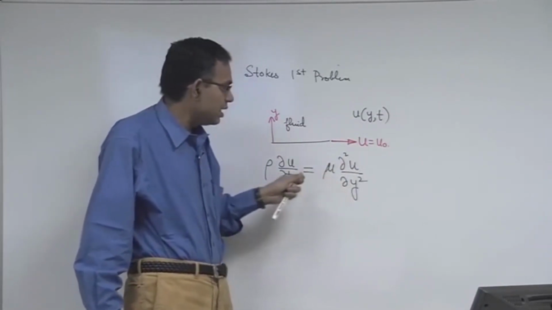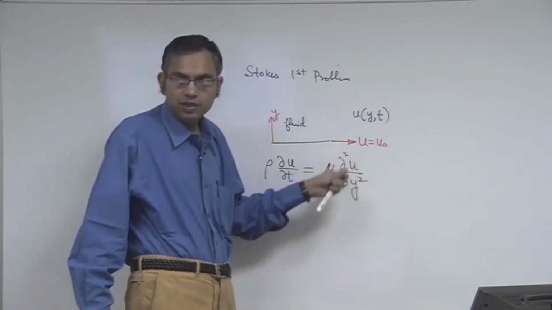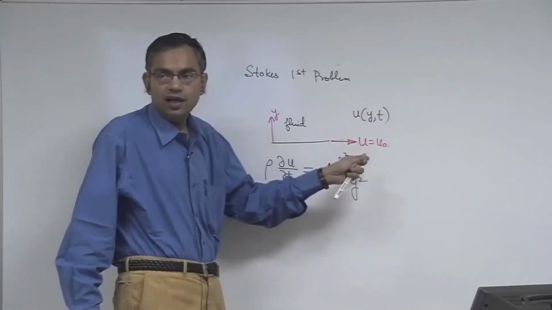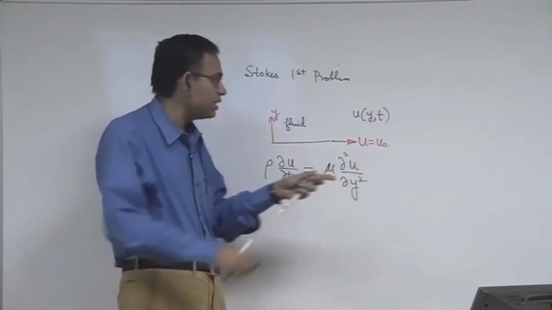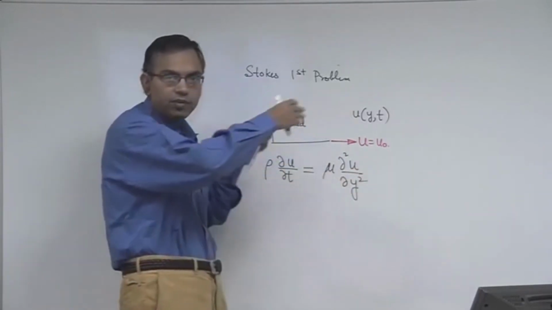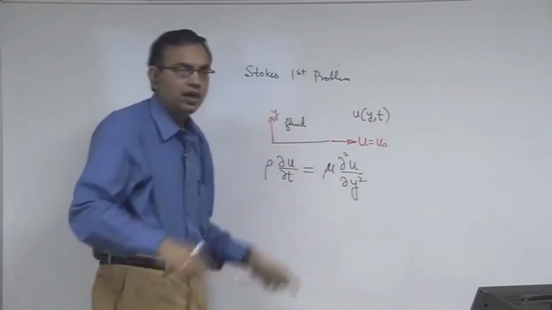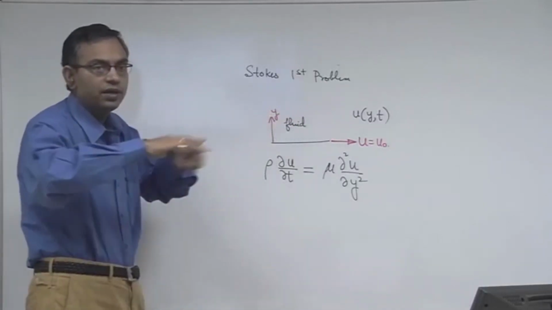The x length scale being much greater than the y length scale, this term dominates as compared to the gradients along x. There is no pressure gradient, because it is like an infinite flow medium which is subjected to uniform, atmospheric pressure from all sides. So, it is an open problem.